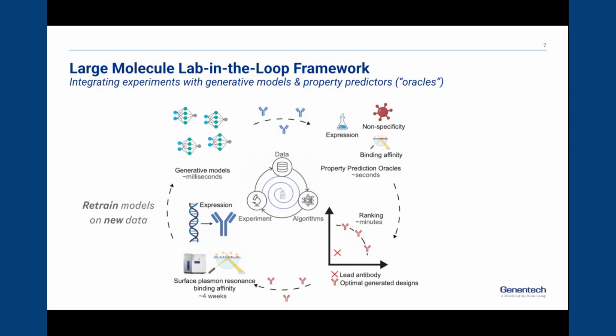As you know, machine learning models can generate things from milliseconds to a few hours, right? We can get designs, but the most important part is making the experimental characterization very fast, so that we can actually repeat or run multiple lab in the loops.